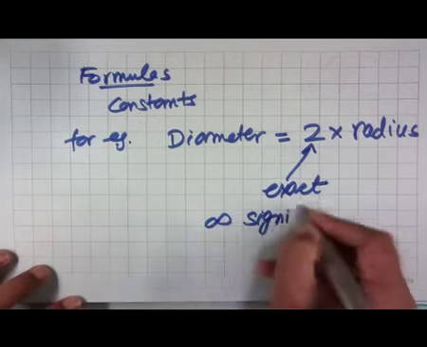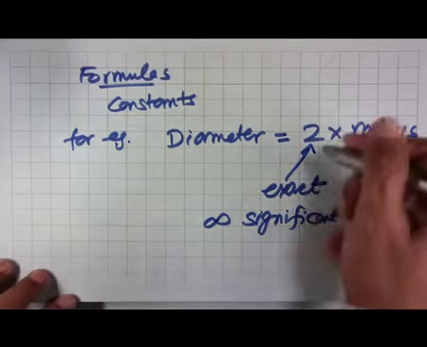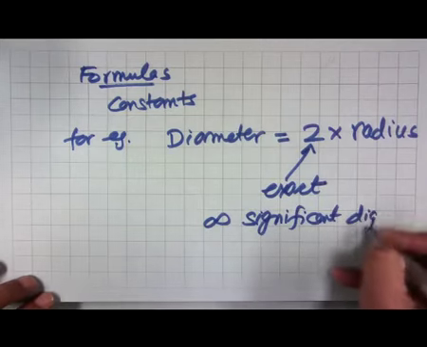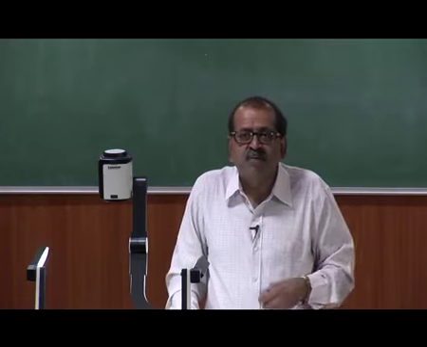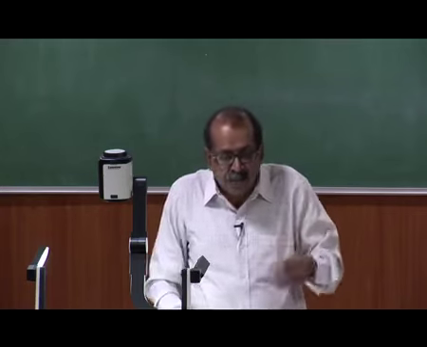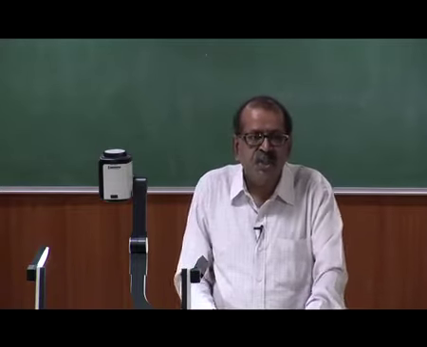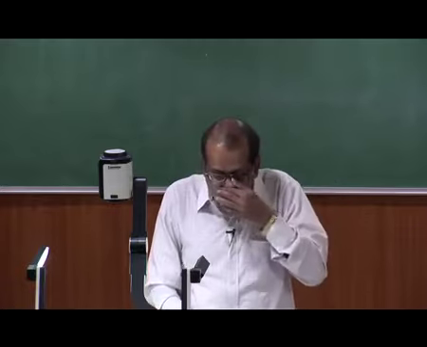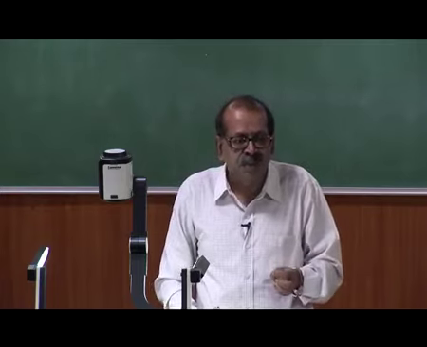That means in this case the number is exact, so there is no error in this number. Similarly, when we calculate the circumference, we have 2 pi r, and the number pi can be calculated to as many significant digits as we like. So, when constants like these come in formulas, we do not take any error associated with them, they are assumed to be exact.